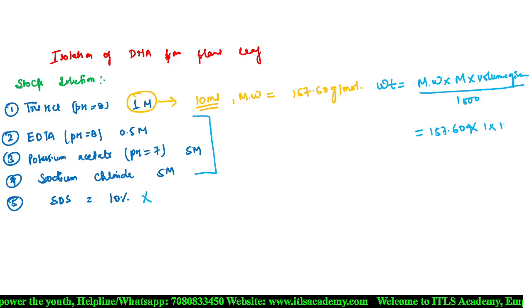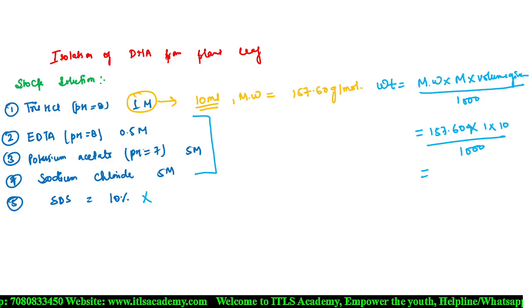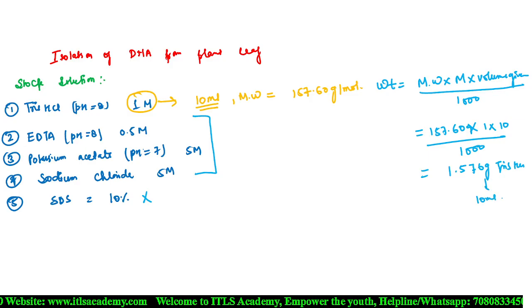Multiplied by 1 multiplied by 10 divided by 1000. When you solve this, you will get 1.576 grams. This Tris-HCl will be dissolved into 10 ml of distilled water.